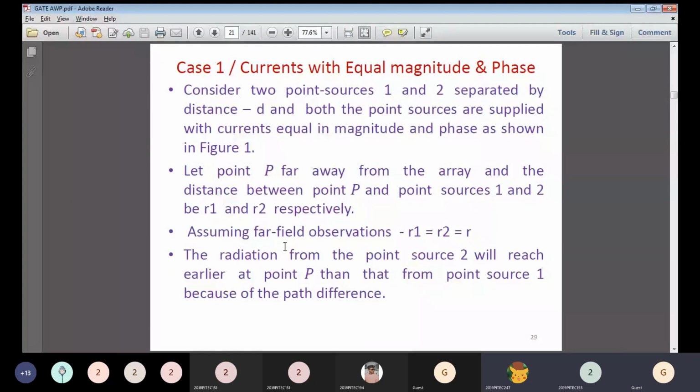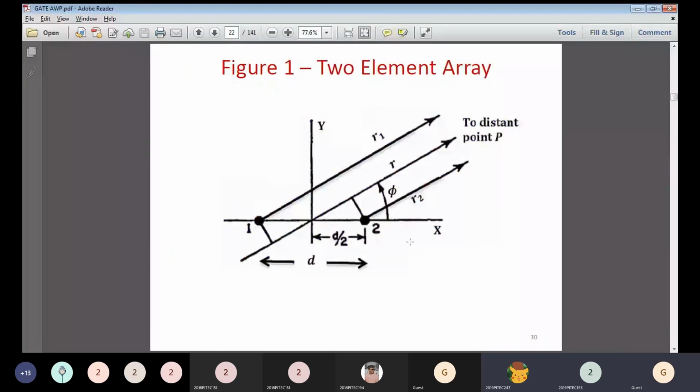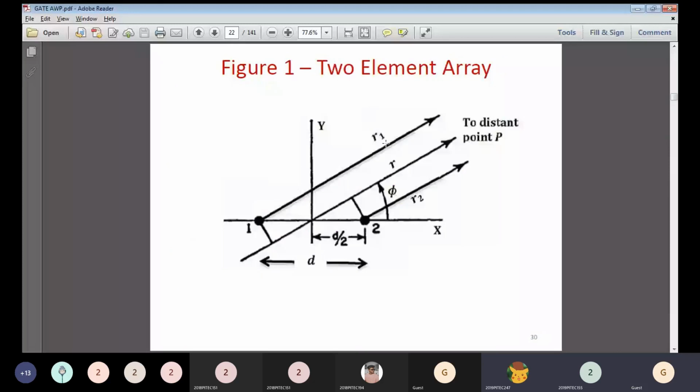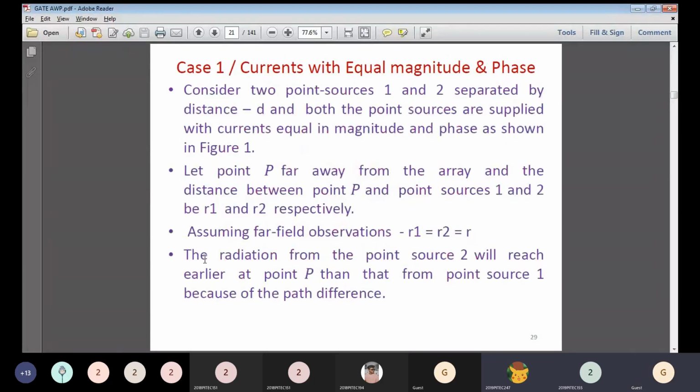Assuming far field observation, R1 minus R2 equals R. The radiation from point source 2 will reach point P earlier than that from point source 1 because of the path difference.